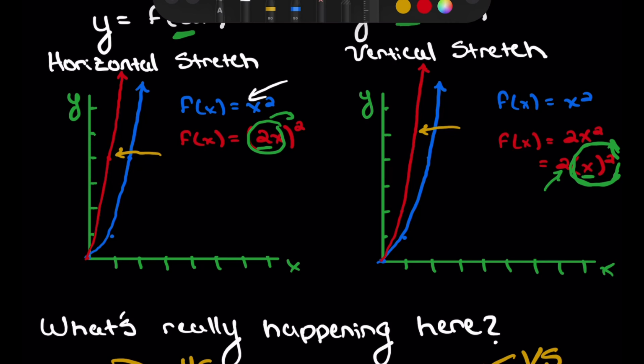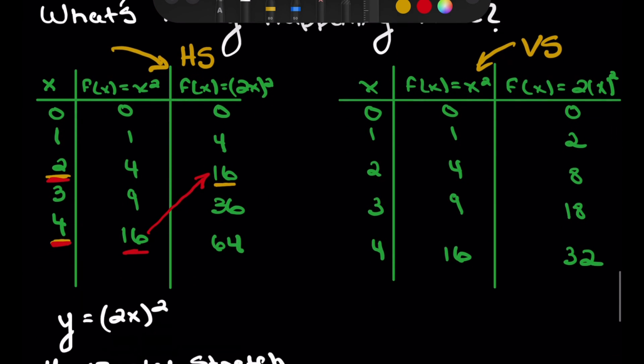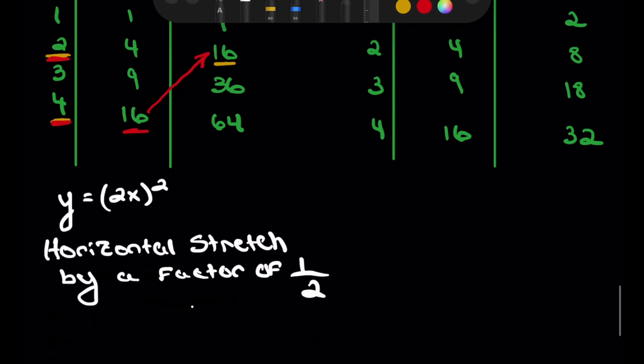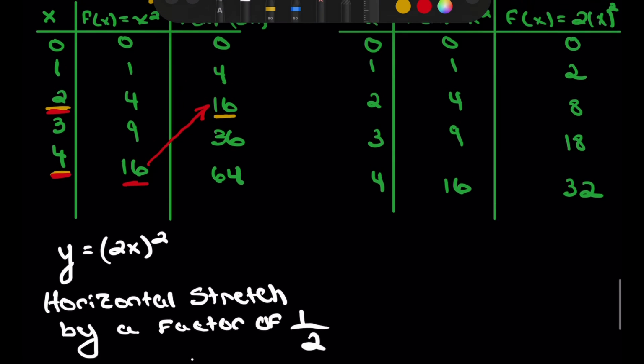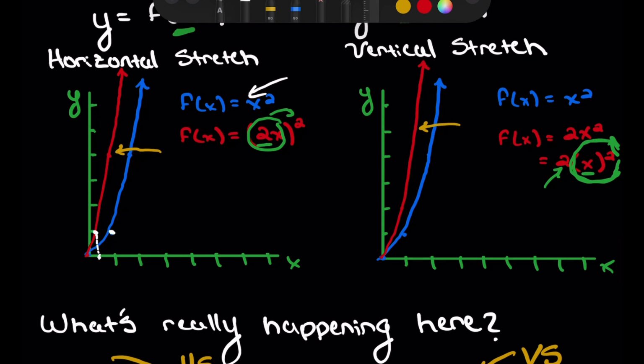The after graph looks like it got really high. But what was happening at each of the x values? Specifically, if we started at 1, 1, now we're at roughly about 1/2 and 1. So our x values have actually cut in half, but our y values have grown exponentially in this case. So that's why when we deal with the horizontal stretch, we can say that it's actually a horizontal stretch by a factor of 1/2, even though it's listed as this 2x within the brackets. We can't be fooled. We have to say it's the opposite of it.